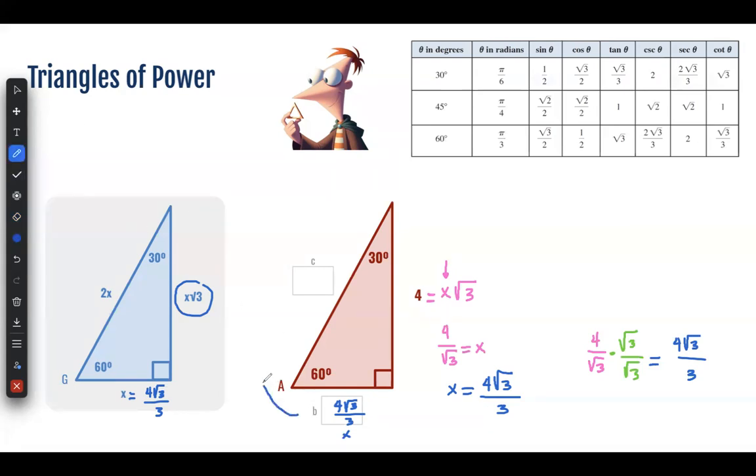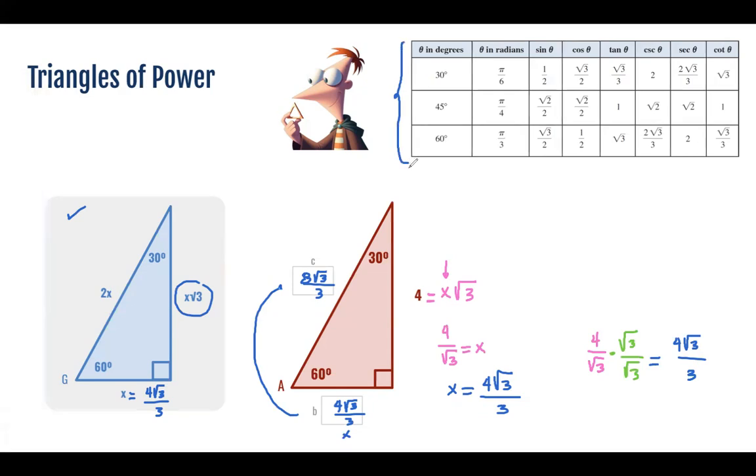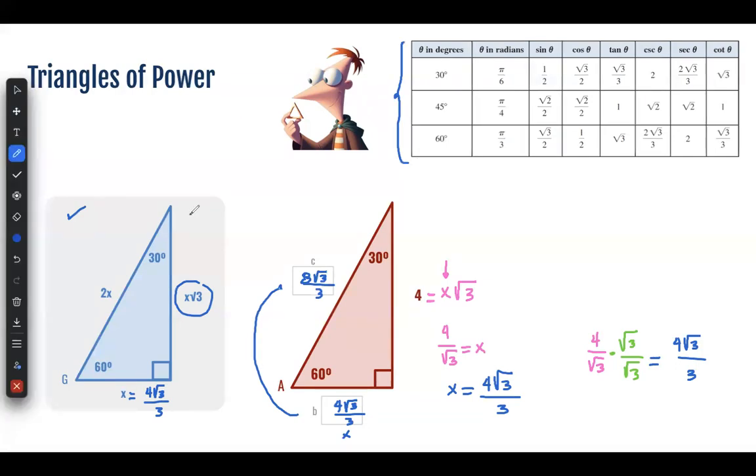So if this side is 4 times the square root of 3 over 3, this is going to end up as twice that value, so 8 times the square root of 3 over 3. So we're doing it based on this triangle. Eventually, we will do it using the trigonometric ratios, but not yet. Right now, we're using the similarity between this triangle and this triangle.